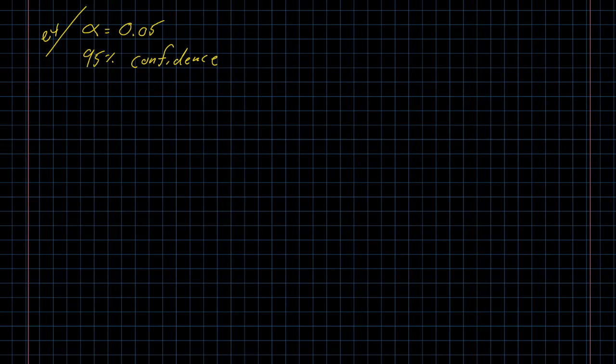But let's take a look at a distribution where we have that X bar is 27, S is 3.5, and N is 23. All right. So we collected 23 data points. We calculated the mean and the standard deviation of those 23 data points. We got that the mean was 27. We got that the standard deviation was 3.5.